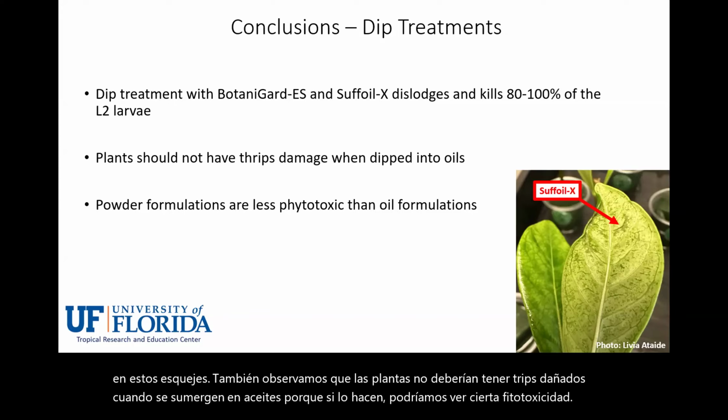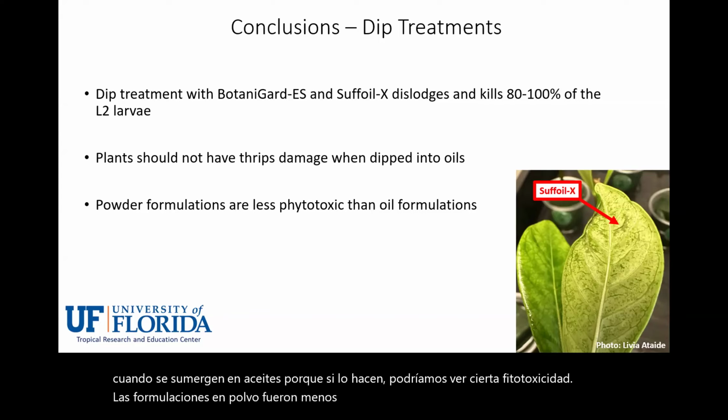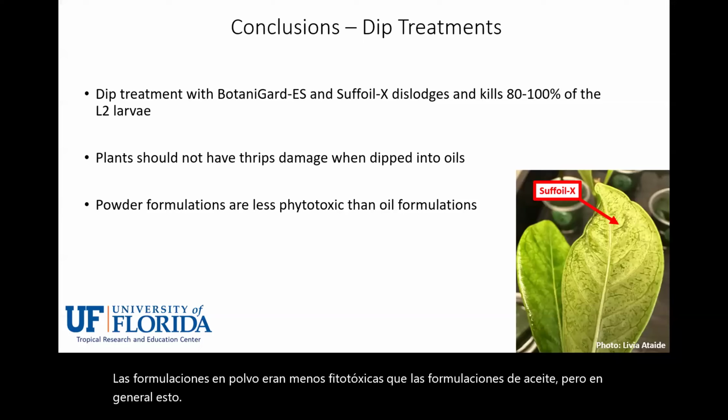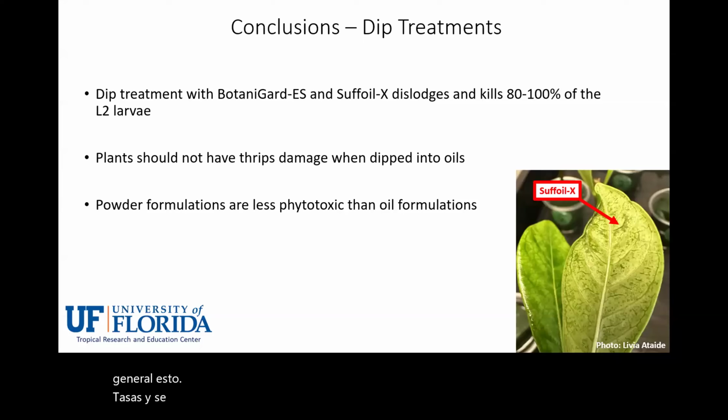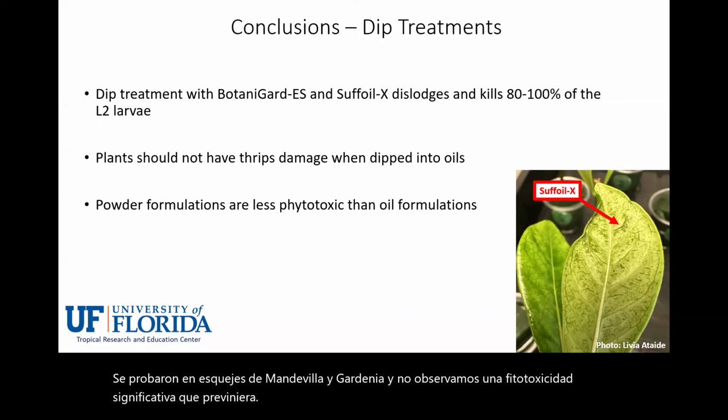Powder formulations were less phytotoxic than oil formulations, but overall these rates were tested on Mandevilla and Gardenia cuttings, and we didn't observe significant phytotoxicity that would prevent the establishment of a healthy plant.